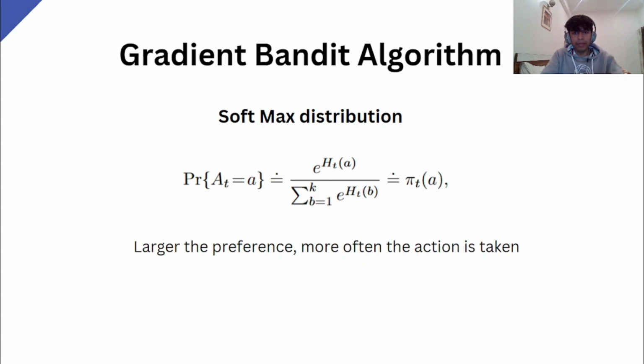It still has a probability of being picked. So if all the actions are still on the table, if none of the actions are being ignored, exploration versus exploitation is being taken care of. But of course, larger preference is given to those which have a higher action value function.